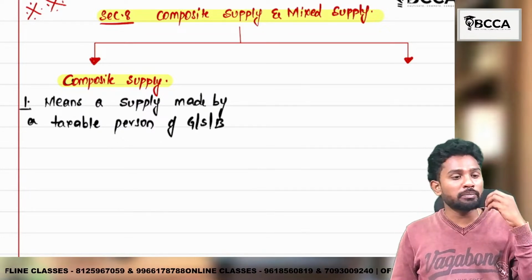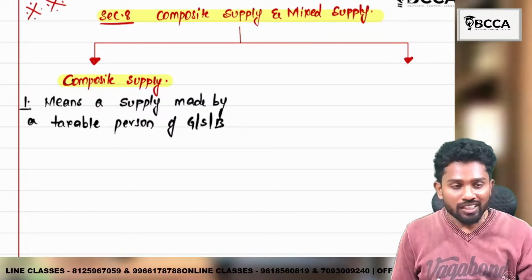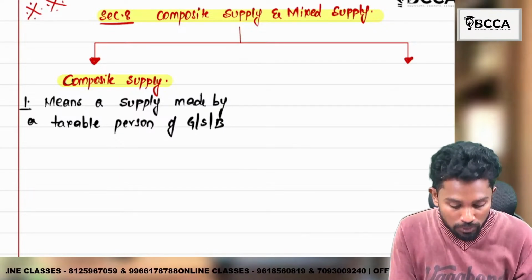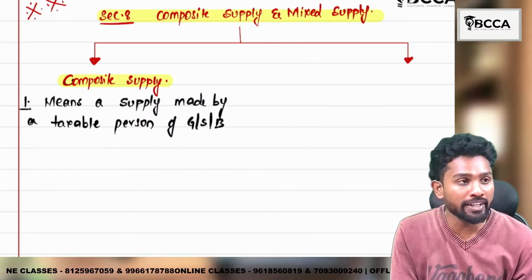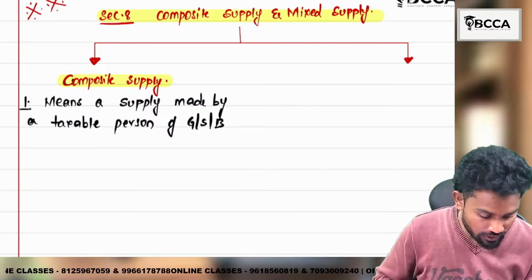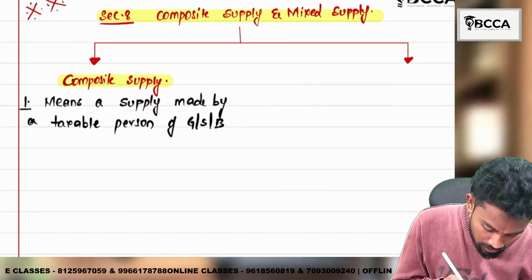So such supply should be made by a taxable person, and the supply should be related to goods, services or both.